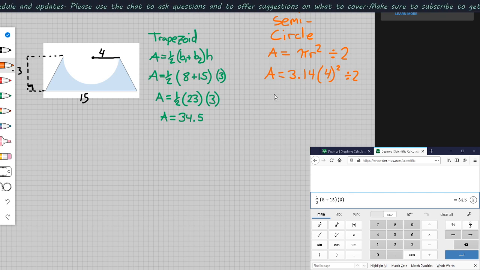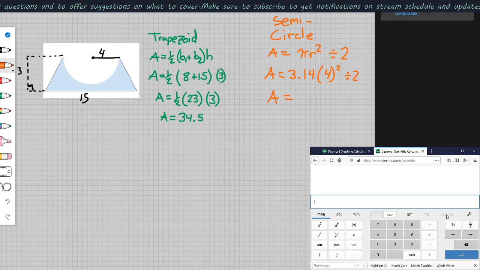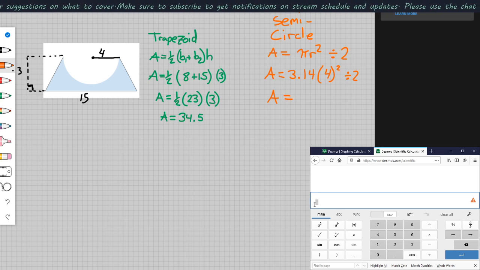Alright, so let's put that in our calculator. So A equals 25.12. Now let's say you wanted to put this all in one go. How would you do that in Desmos? The first thing I would recommend is having the fraction bar first, because you're going to divide by 2 at the end.